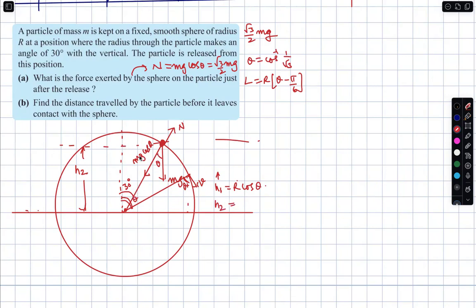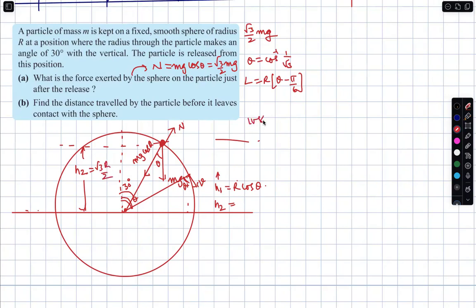H2 is R cos 30. Correct? Yes or no? If this is theta, I said this is theta. This will become R. What is this part? R cos 30, and root 3 R by 2.